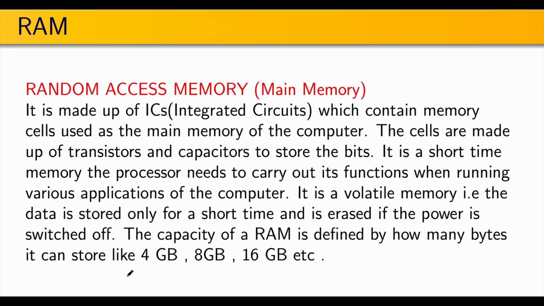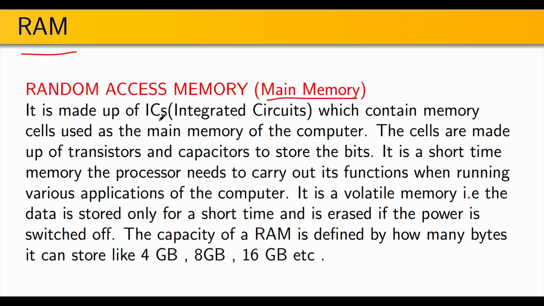So we now come to what is called RAM. You have frequently come across this: what is the RAM of this computer, or what is the RAM of a mobile. A mobile is a kind of computer. Random access memory is called the main memory of the computer. The main memory of the computer is RAM.